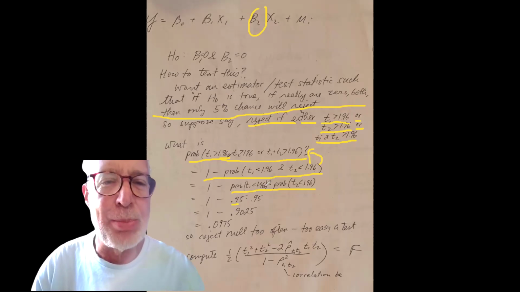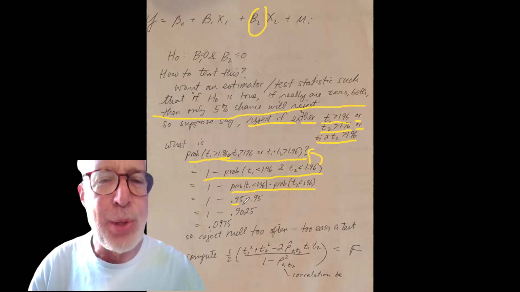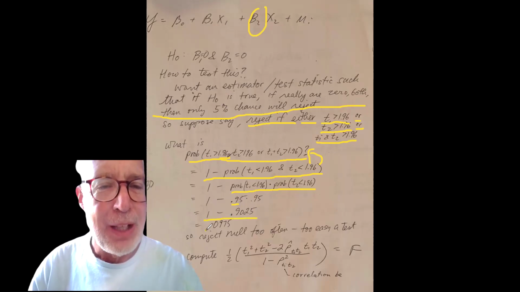So we have 1 minus 0.95 times 0.95, 1 minus 0.9025, that's 0.0975.